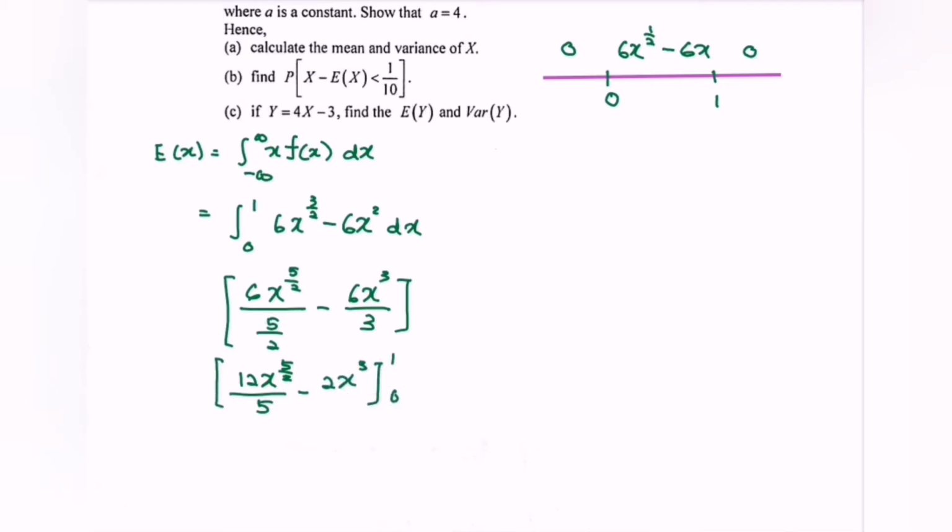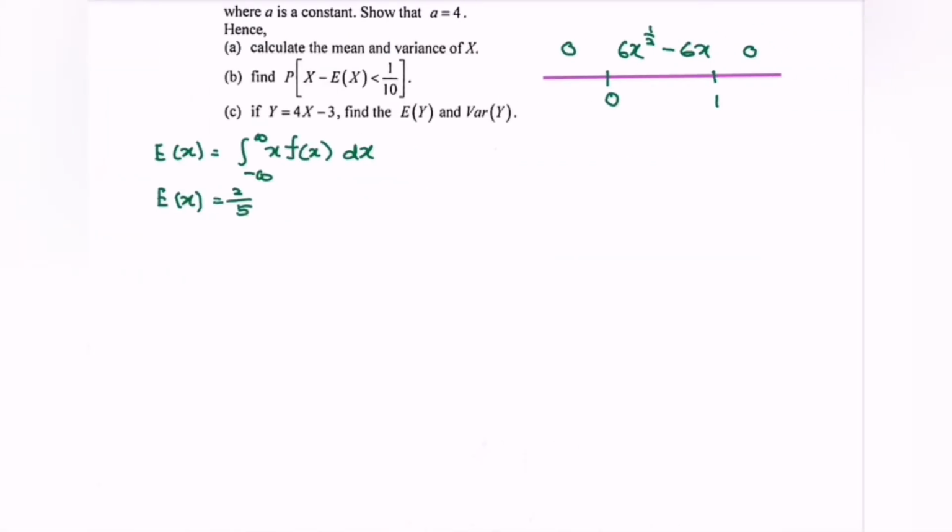If we substitute 1, we will have 12 over 5 minus 2. If we substitute 0, we obtain 0. So from here, we will have 12 minus 10 over 5, which is 2 over 5. So the expected value will be 2 over 5, or we can say 0.4.